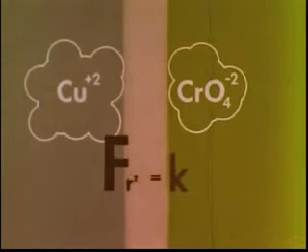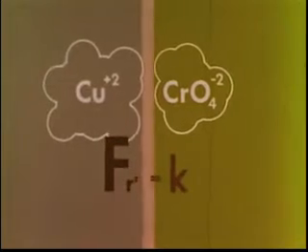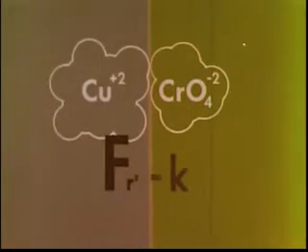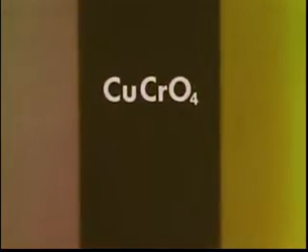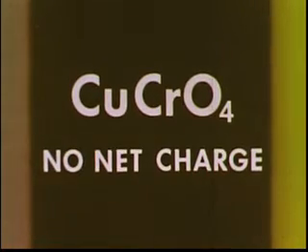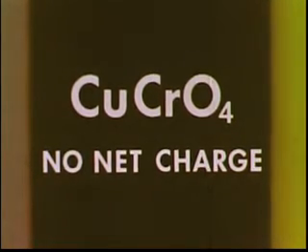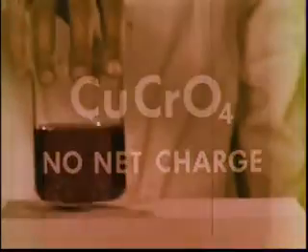Instead of passing one another, most of these oppositely charged ions attract one another, adhere, and form copper chromate, which has no net charge. It precipitates. Electric forces hold the solid together.